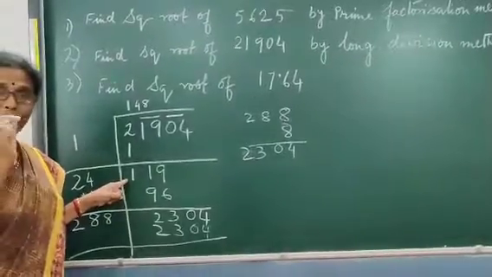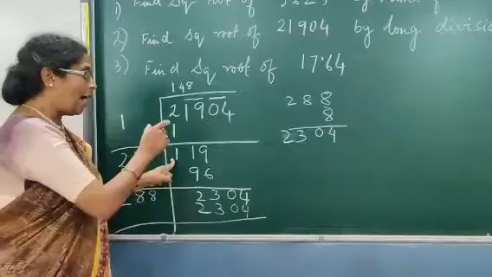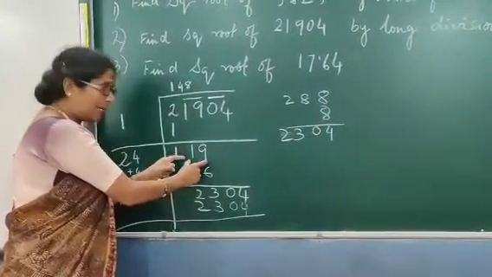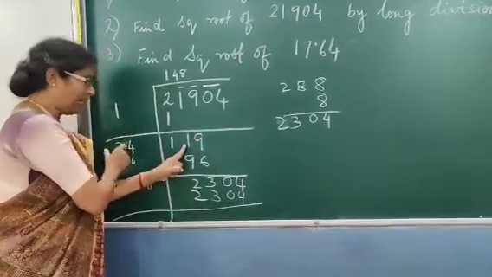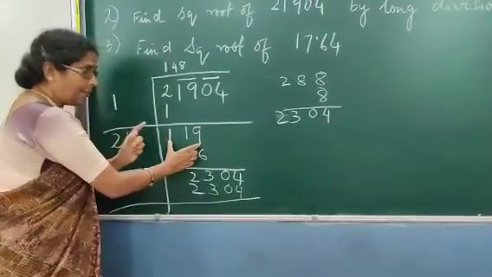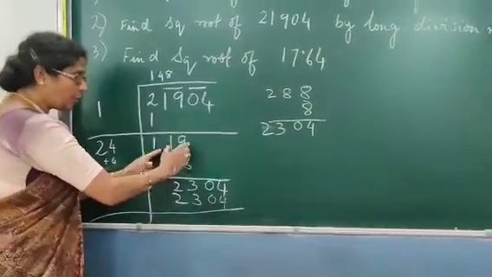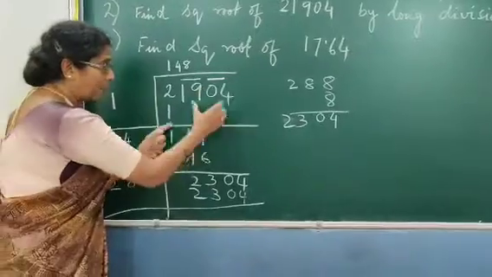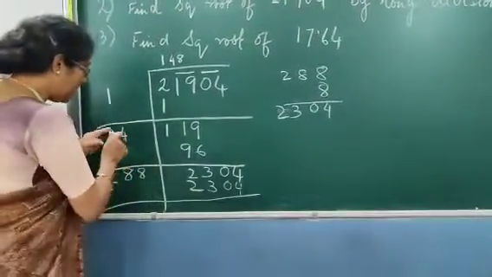Now one more important point I have to discuss here. After taking one pair, if you find that the number coming is not possible to solve, then you have to take another pair, 2 pairs together.